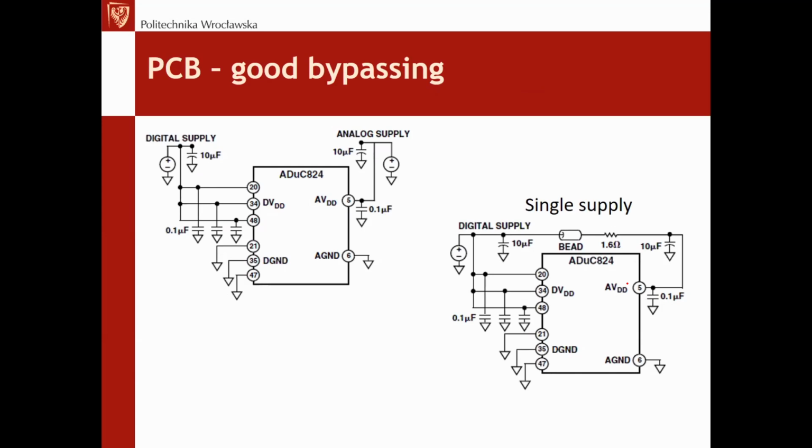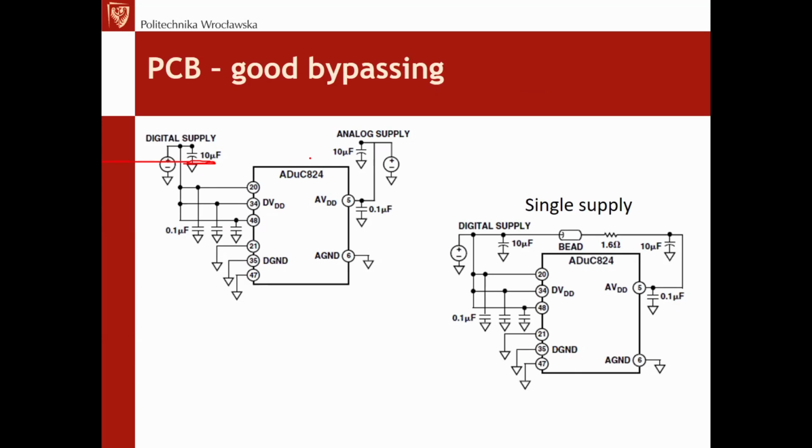How do we do this? Here we have two simple slides, two simple schematics with the power supply of some microcontroller, whatever the microcontroller is. And here we can see the basic rules of filtering our power supply lines.